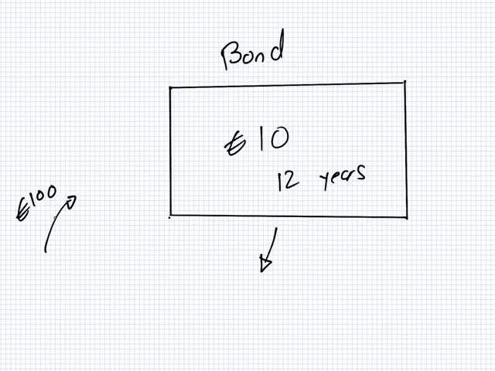So how much do you get after 12 years? 120 euros. So you pay 100 and you get 120.